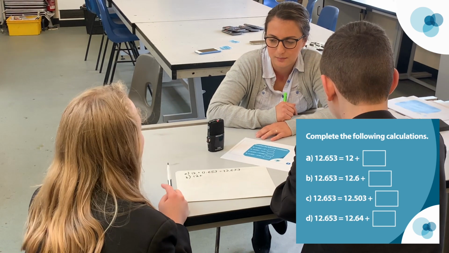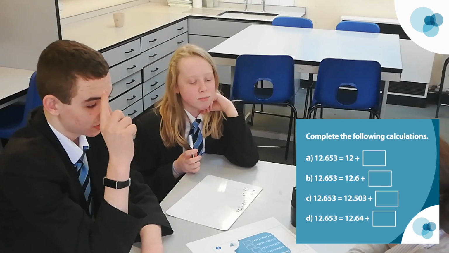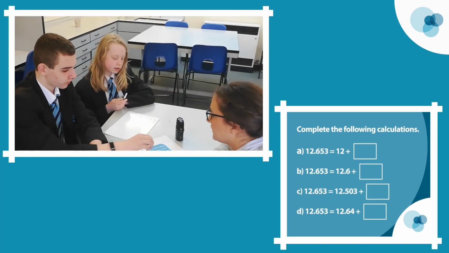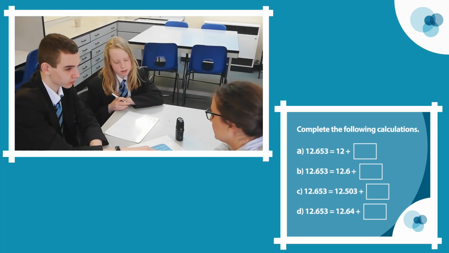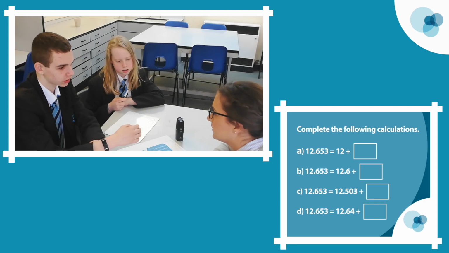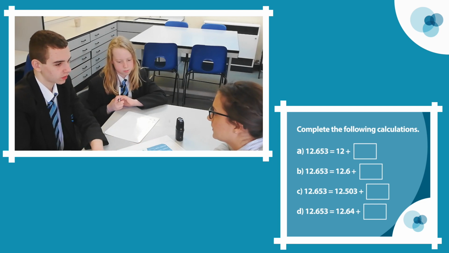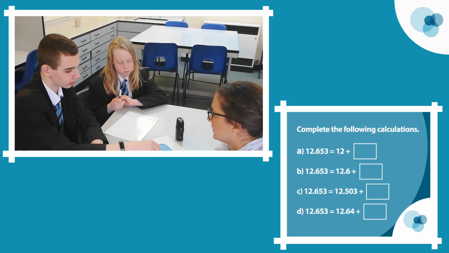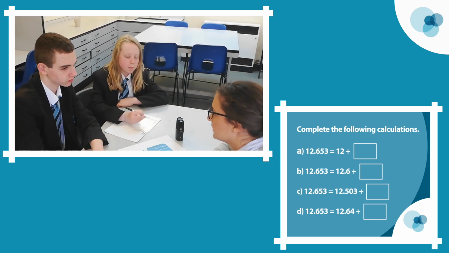Wait, no, it doesn't work like that for decimals. Isn't it going to be smaller anyway? Because in the first one we've got the 10th column, which we know will always be bigger than the 100th column and stuff. So in the B, we already have the 10th column, so we need to add the 100th and the 1,000th columns.